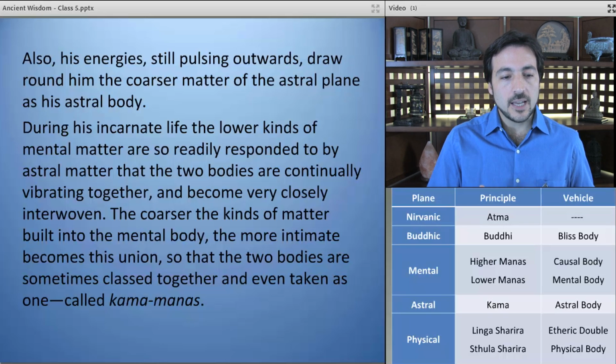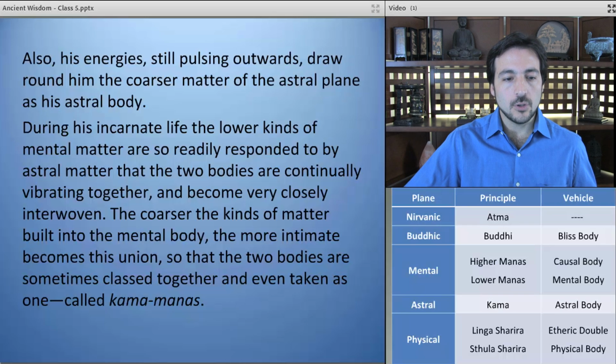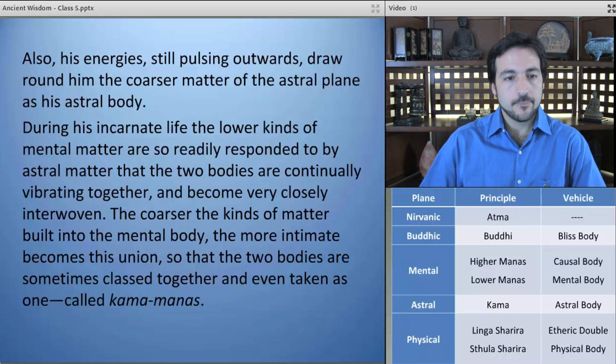So many times emotions and thoughts work together, one stimulating the other. This is what in Theosophy is sometimes called, as Annie Besant says, kama manas. Kama being part of the emotional plane and manas of the mental plane.